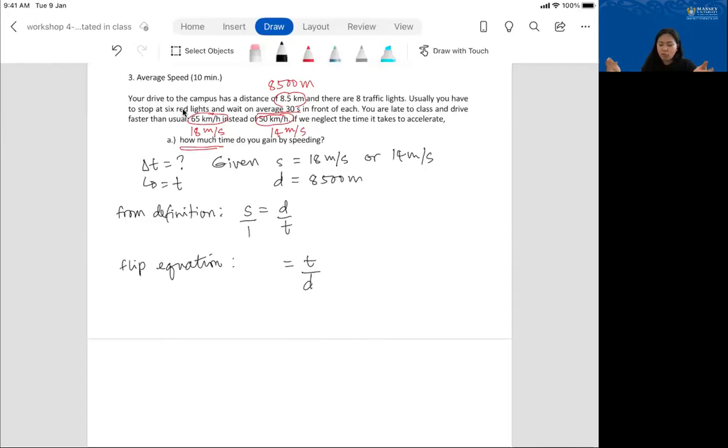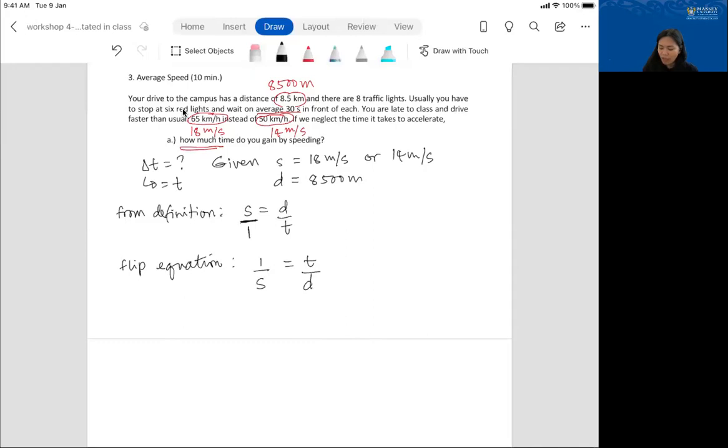That's why we don't explicitly put divided by 1, but if you flip s divided by 1, that will be 1 over s. Okay, right. So it's a sort of a mathematical rule.